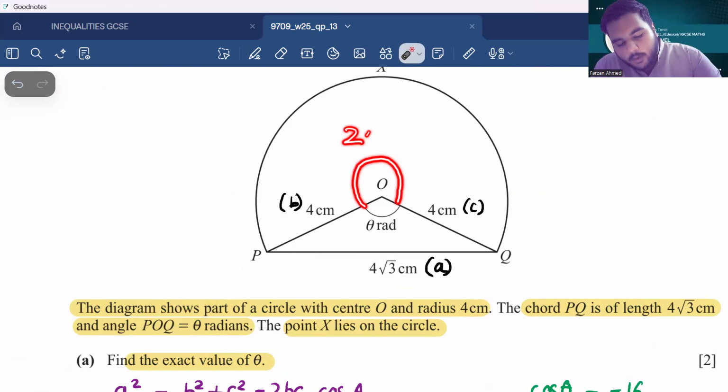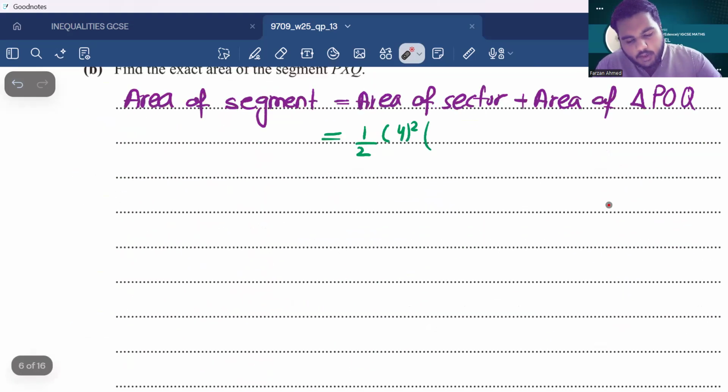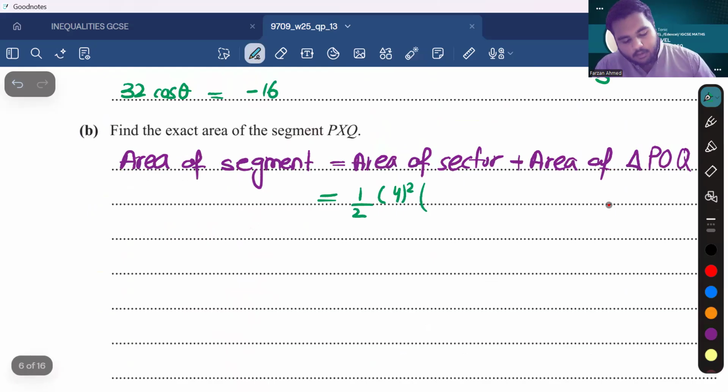So this will be 2 pi minus theta. So what is theta? Theta is 2 upon 3 pi. So 1 upon 2 r square theta, where theta will be 2 pi minus 2 upon 3 pi.